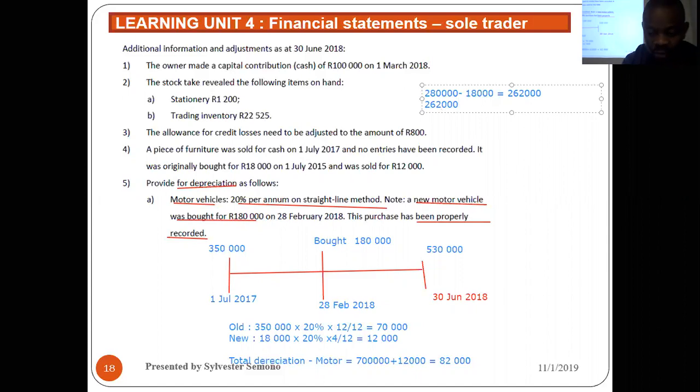Go and find accumulated depreciation from the balances. $189,000. You see now? And then it's then that you're gonna multiply it by how many percent?